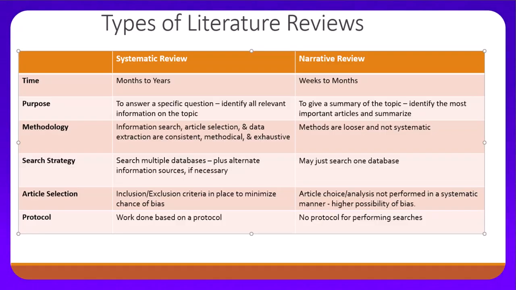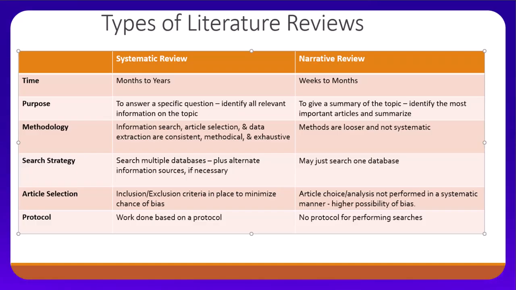In order to identify all relevant information, a systematic review requires an information search, article selection, and data extraction that are consistent, methodical, and exhaustive. They should be transparent, well documented, and reproducible. Whereas for a narrative review, the methods are looser and not systematic, and typically the methods aren't even reported.